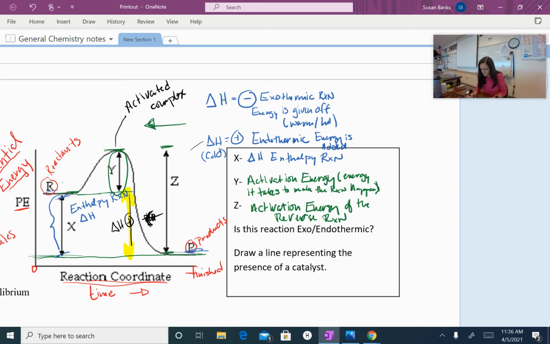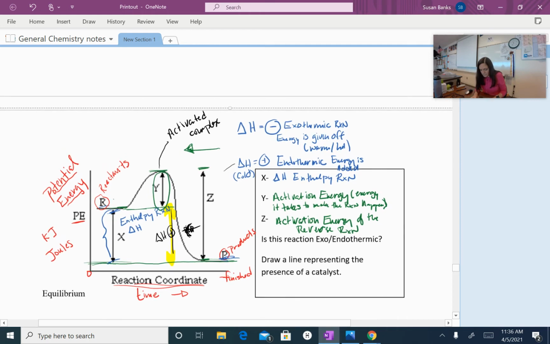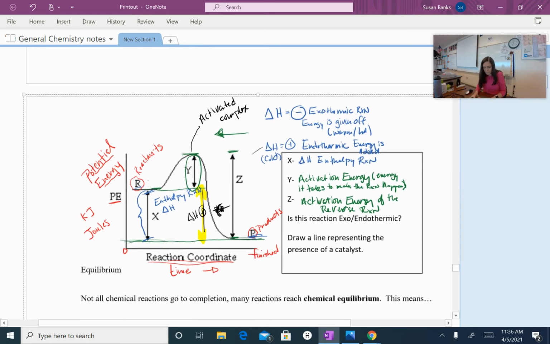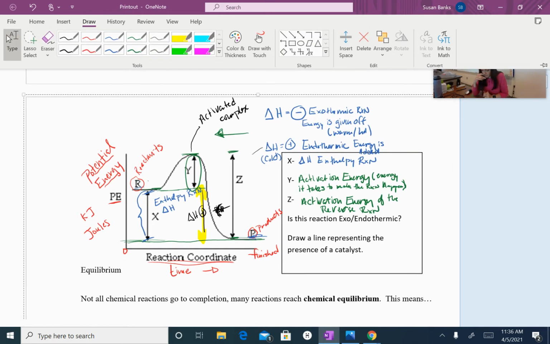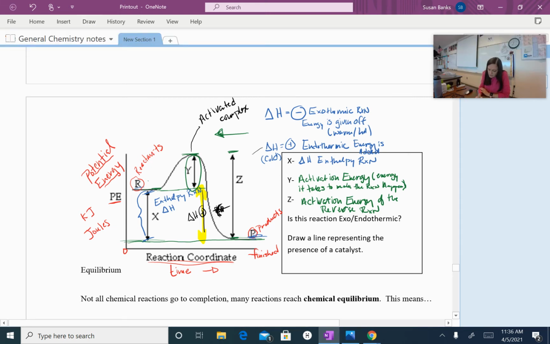So let's look at a couple other things in this reaction as well. Notice I have this area between where the reactants are and the bottom.